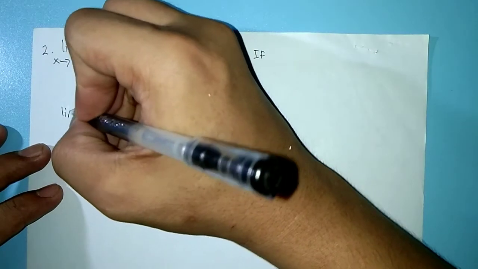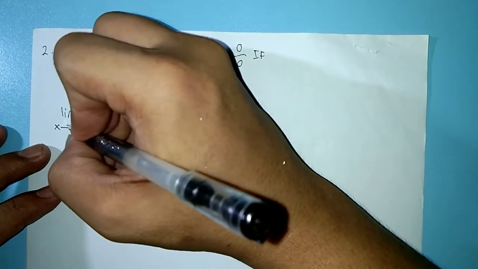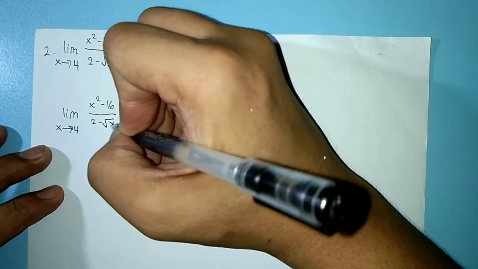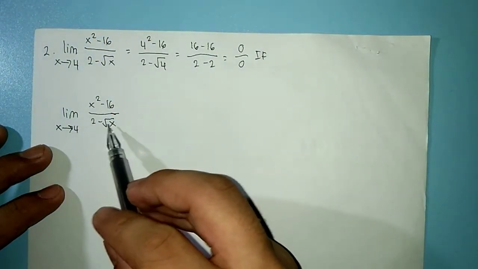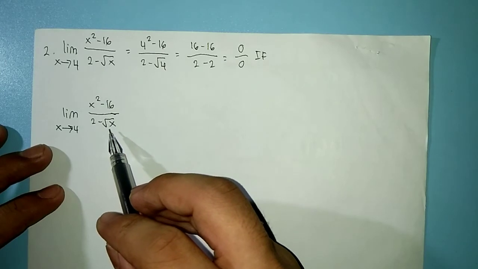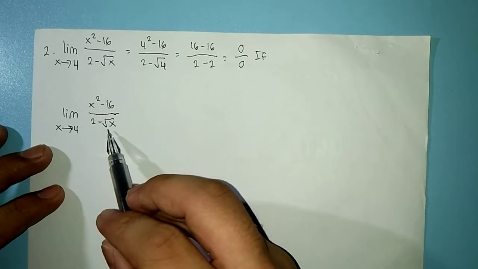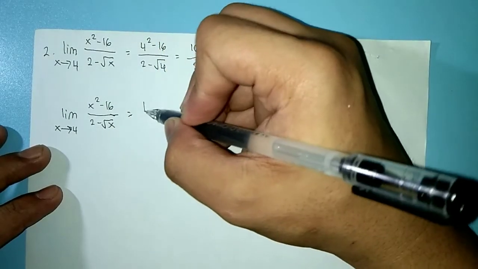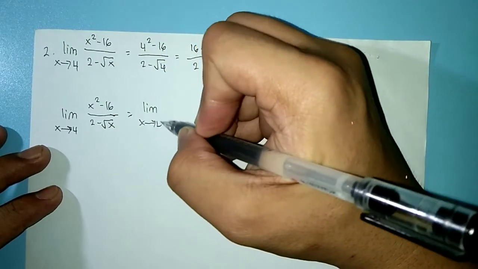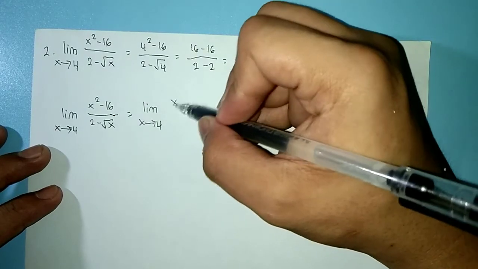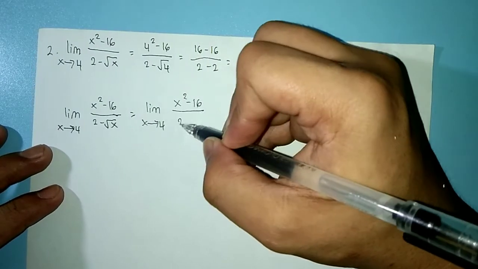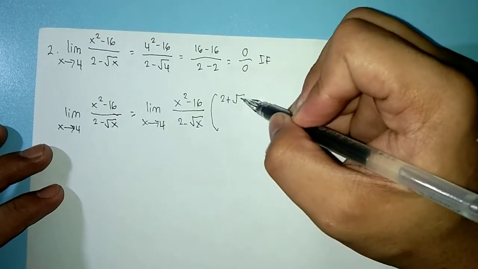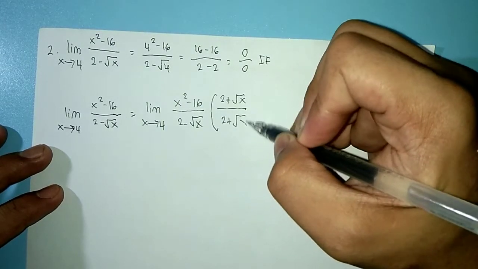Okay? So, limit as x approaches 4, x squared minus 16 over 2 minus square root of x. So, dito naman, iaakyat natin yung radical. So, magmumultiply tayo ng 2 plus square root of x para matanggal yung radical sa denominator. This is equal to limit as x approaches 4 ng x squared minus 16 over 2 minus square root of x times 2 plus square root of x over 2 plus square root of x.